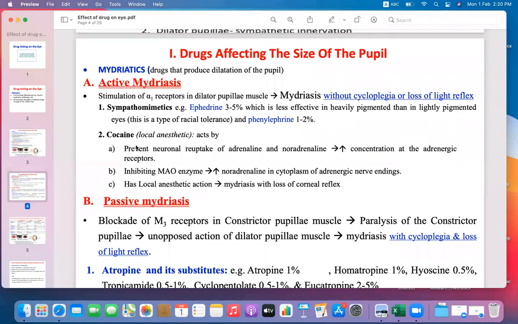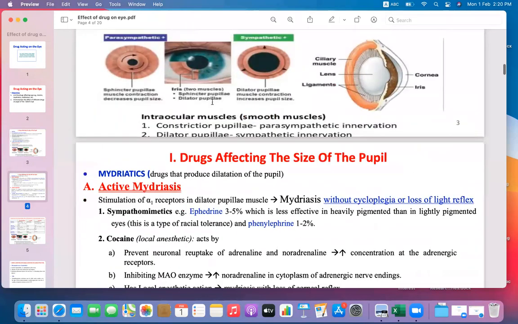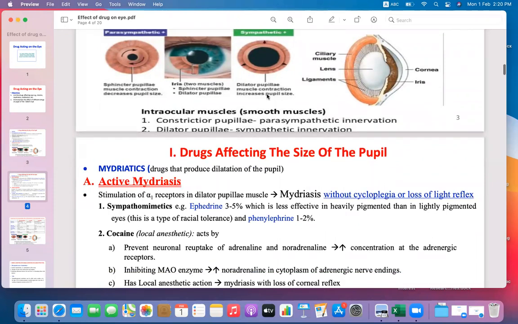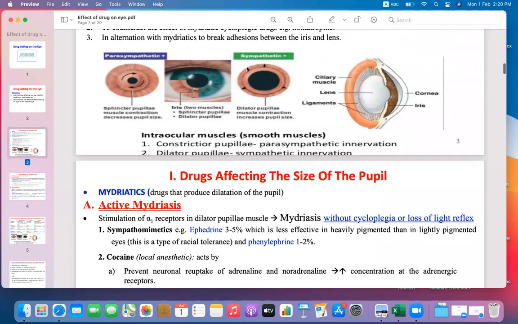So in active mydriasis, there is stimulation of alpha 1 receptor in the dilator pupillae. This is the dilator pupillae, the last circle, and the constrictor pupillae, this one, if you see.